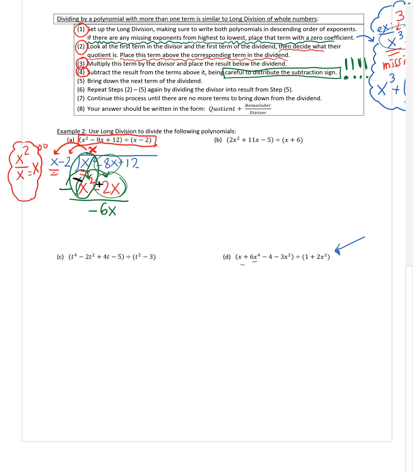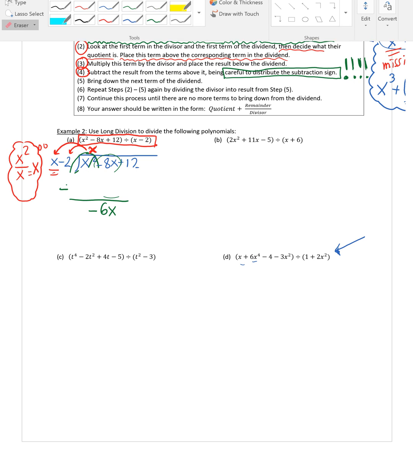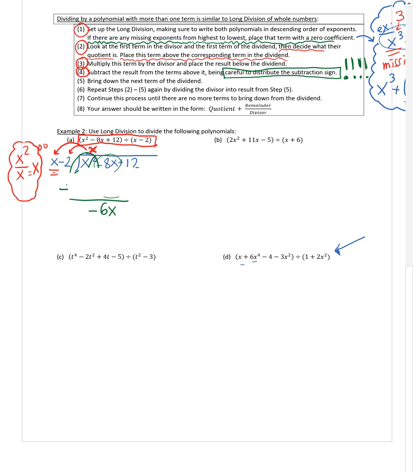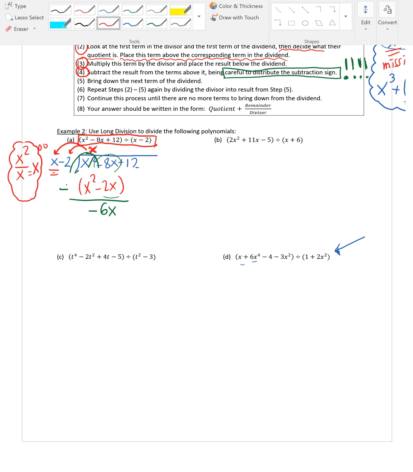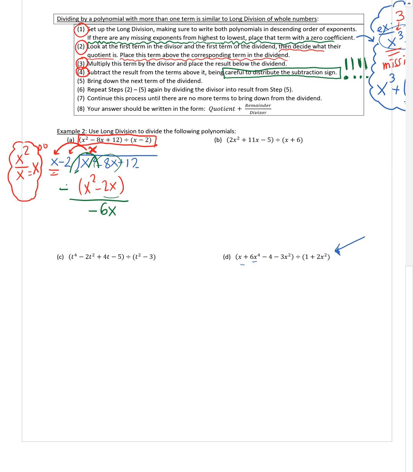Or if that seems like a lot to process, you know what you could do also? I think that's probably the best way to do it, but if you don't like that, you could always go, okay, because I shouldn't have erased all that, what was in there? X squared minus 2x, okay. If you don't feel like you want to distribute the negative, what you'd have to do is you'd say, okay, x squared minus x squared, those are gone, and then you have negative 8x minus negative 2x.